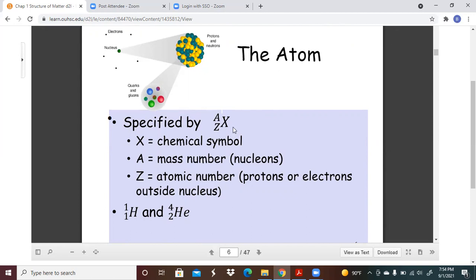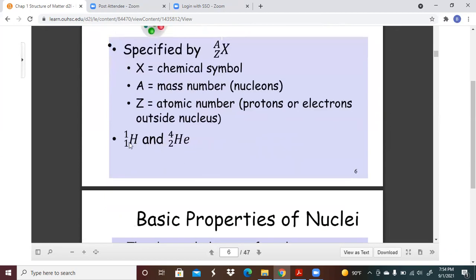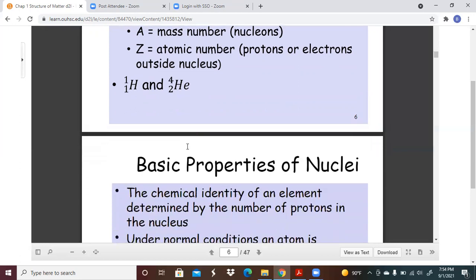Sometimes you'll see it written out where you'll have the number of neutrons written over here, A Z N. So for instance, if we look at hydrogen, hydrogen has one nucleon that happens to be a proton, so you don't have any neutrons. If you were looking at just regular helium, you would have 4 nucleons, 2 of which are protons. As you've probably guessed by now, 2 of those other nucleons are neutrons.